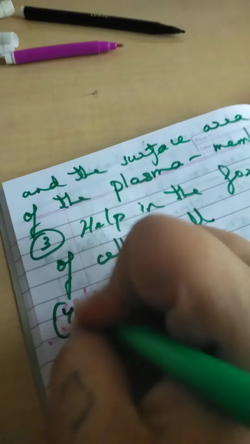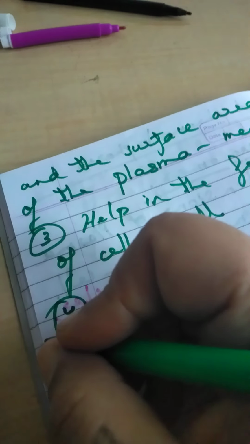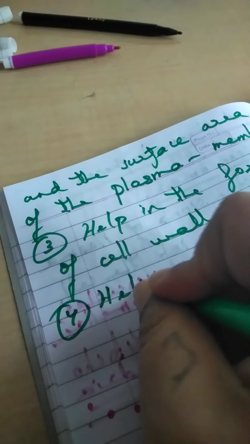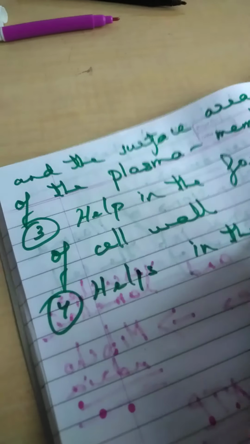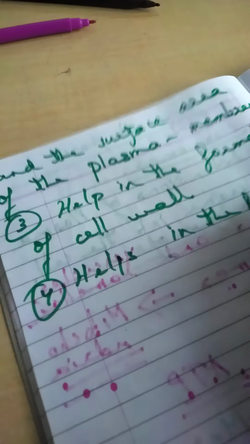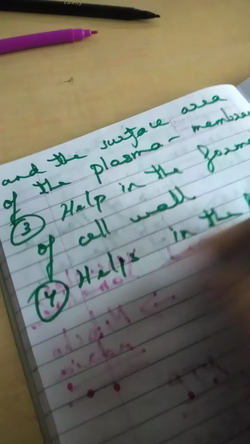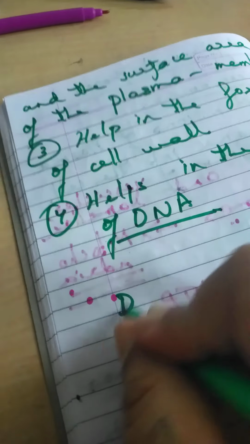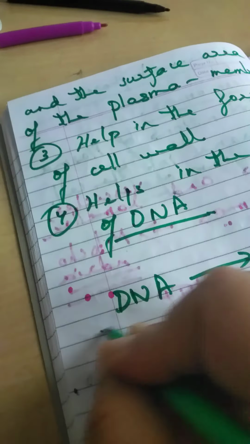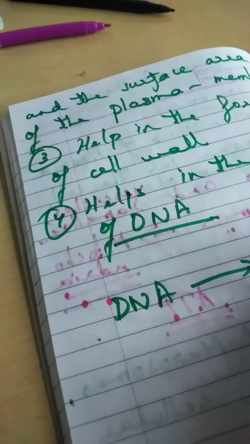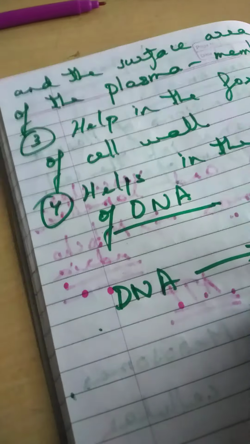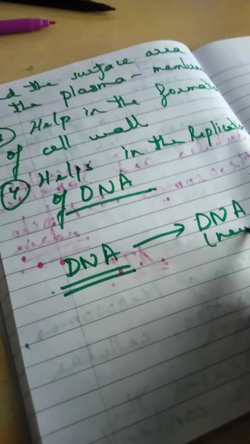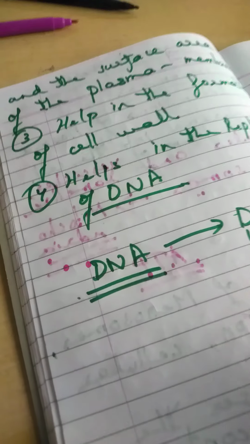Then the next function, it helps in the replication of DNA. What do you mean by replication of DNA? When a new DNA is formed from an original DNA, this process is called replication.